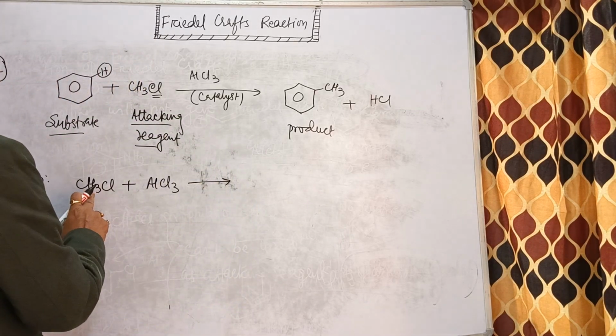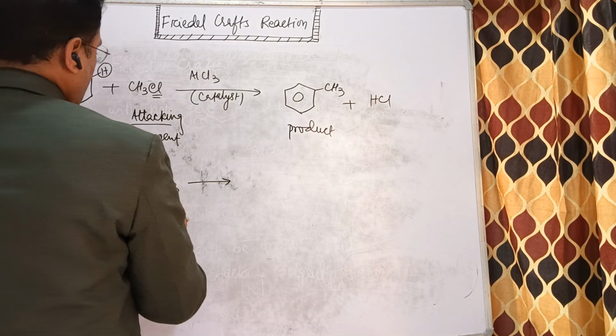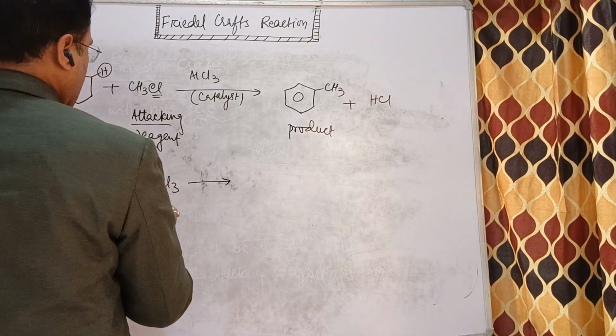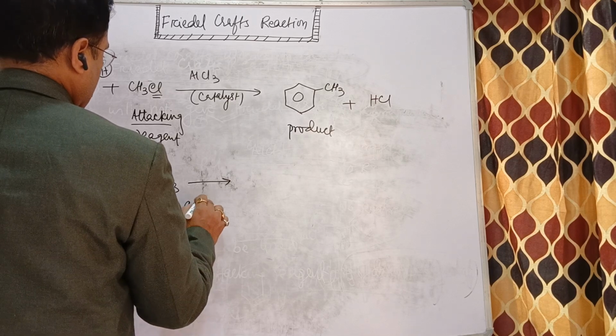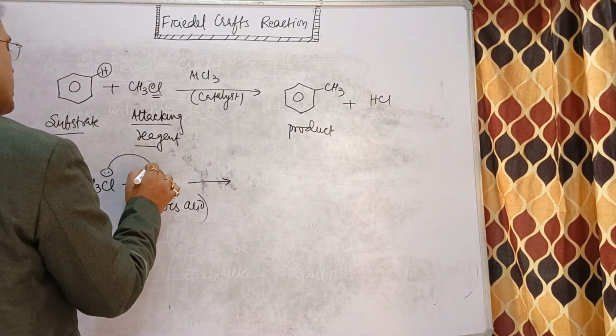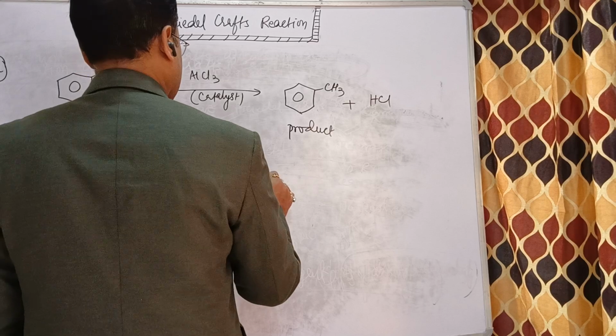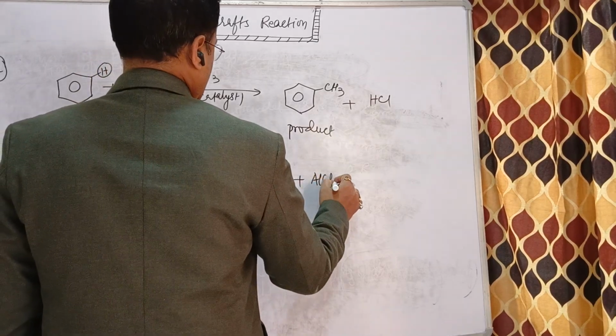This is methyl chloride, or chloromethane, and this is a Lewis acid. When the lone pair of the Cl interacts with the AlCl3, it generates CH3 plus and AlCl4 minus.